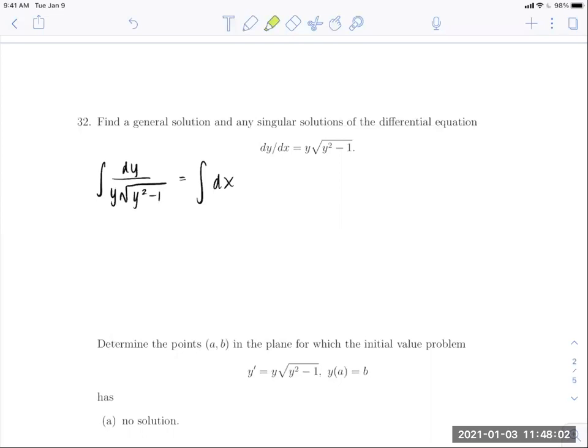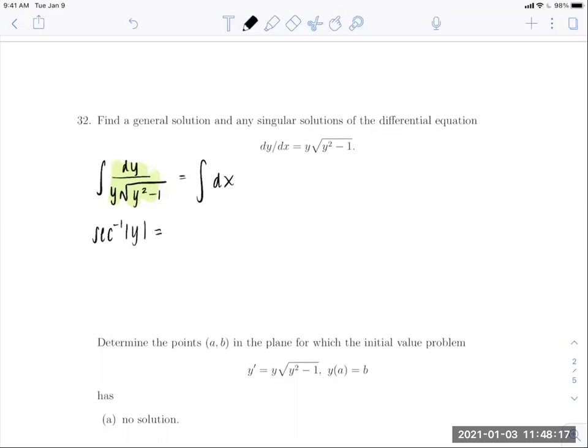All right, so moment of truth here. Who remembers the integral of 1 over y times the square root of y squared minus 1? It's something you learned, but it might have been something that you had forgotten. This is secant inverse of the absolute value of y. And then of course there's an understood 1 in front here. The integral of 1 is x. Tack on your plus c.